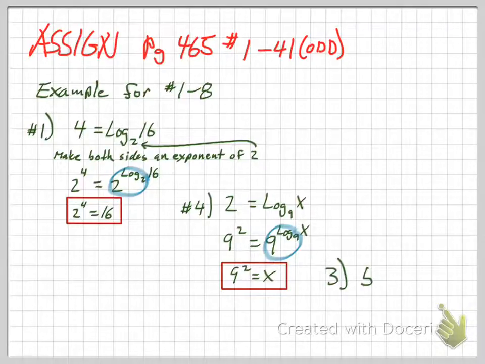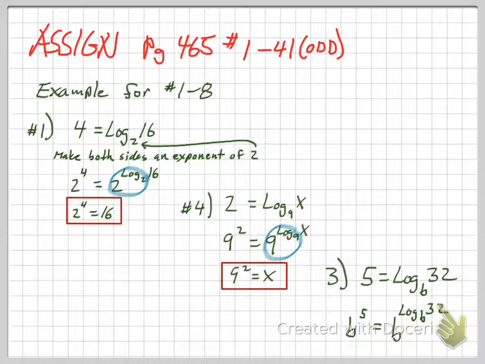All right, so let's do number 3, or at least get number 3 started for you. What's my deal here? Log base b. So b is going to be the base for my exponential conversion. So I have b to the 5. That's one side of the equation. I take b and I raise it as a base, and then I make log base b of 32 its exponent.